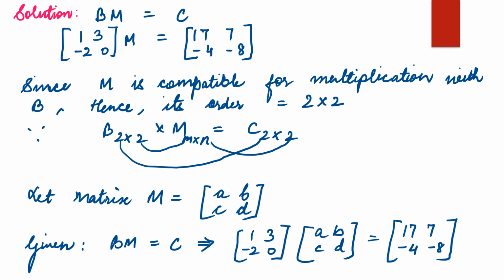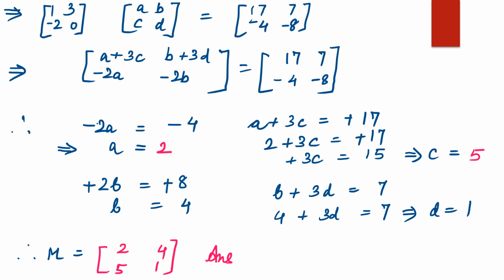Now let matrix M be [a, b; c, d]. Given BM is equal to C, it implies that [1, 3; -2, 0] times [a, b; c, d] is equal to [17, 7; -4, -8].